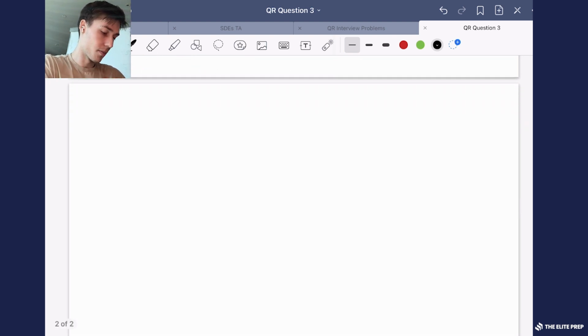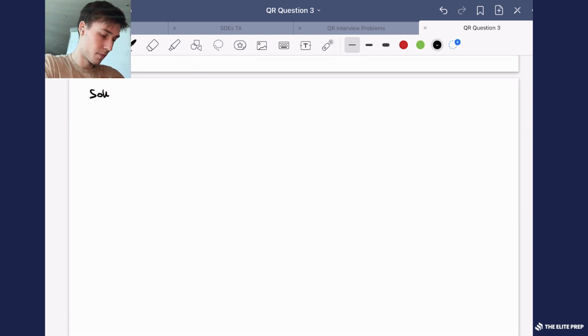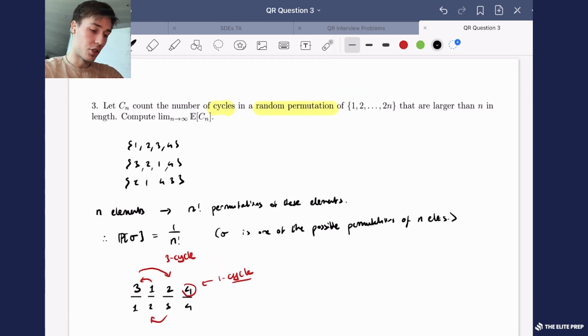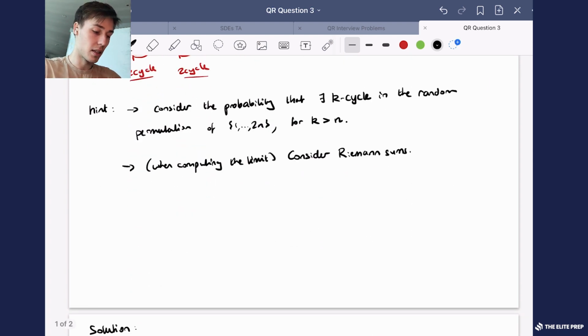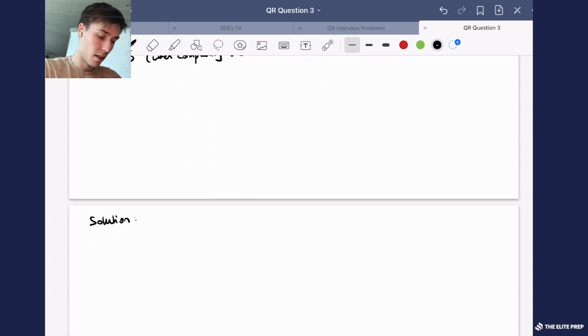So, solution. We are interested in the number of cycles of a random permutation of 1 through to 2n that are larger than n in length. That naturally means that Cn is strictly less than 2, because we cannot have more than one such cycle.